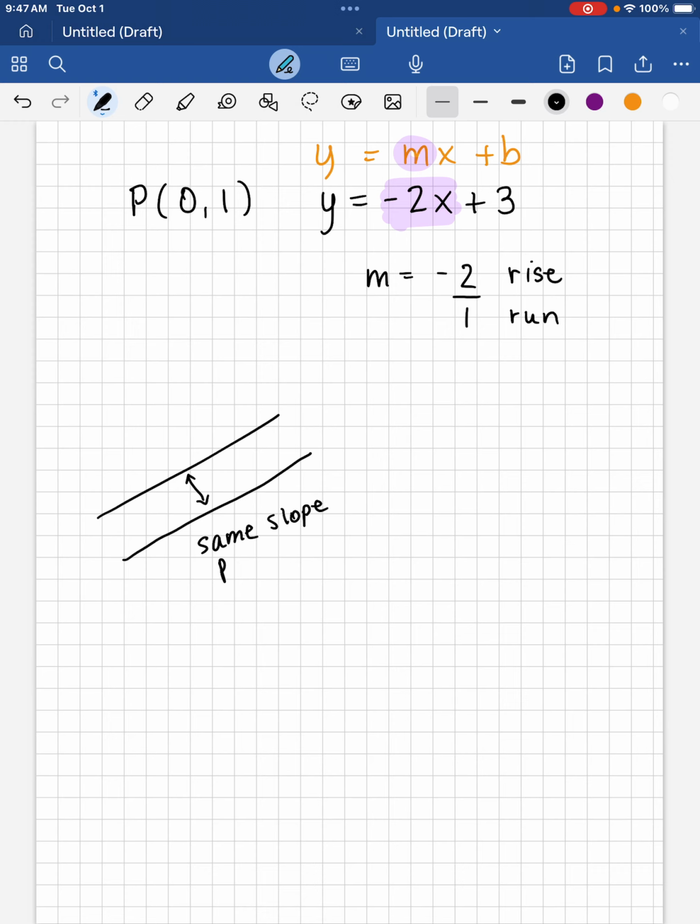That means they're parallel. So we need another equation that has the slope of negative 2, and it goes through this point (0, 1).